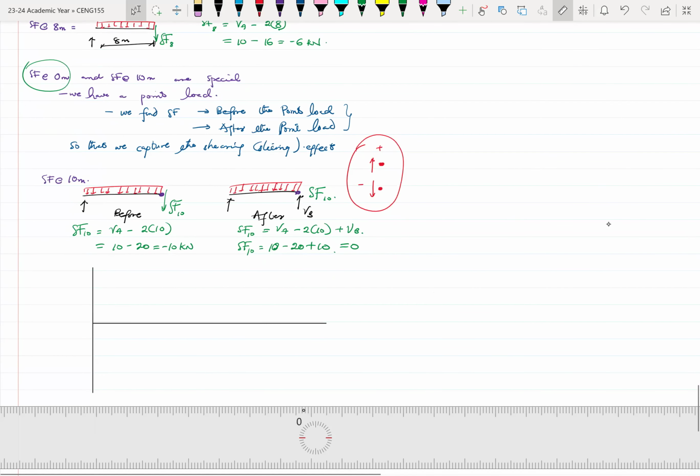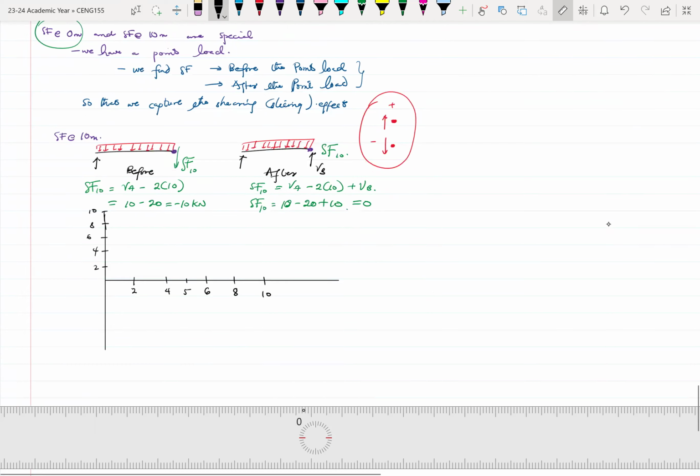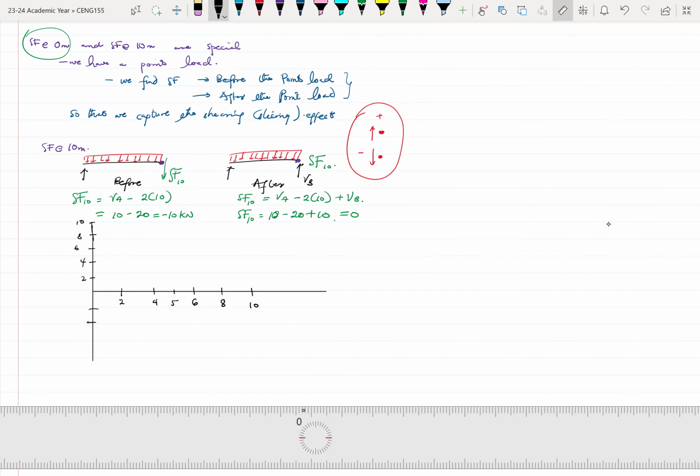Let me mark 2, 4, 6, 8, and 10 along the axis.